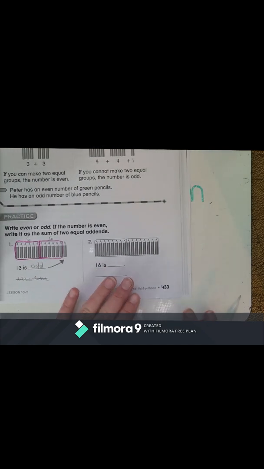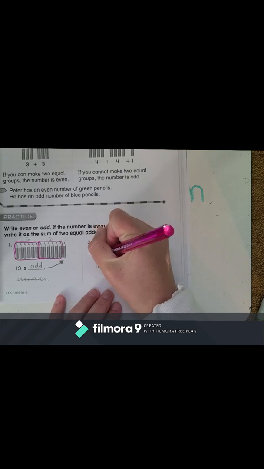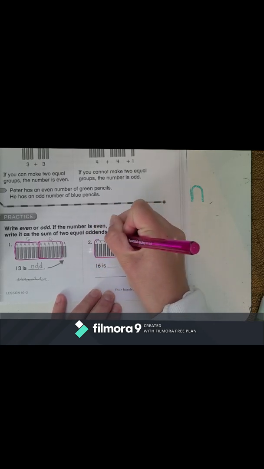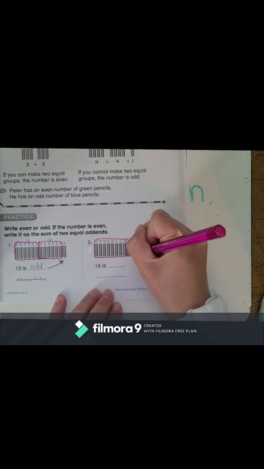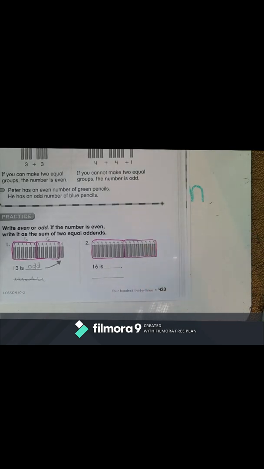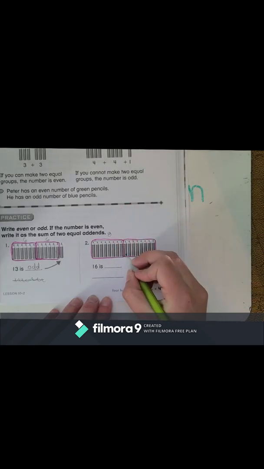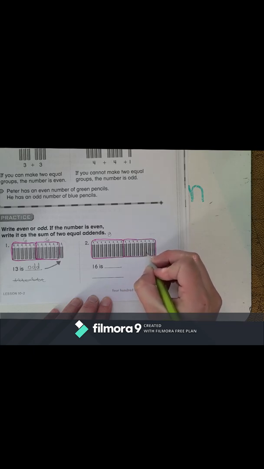Let's look over here. Hopefully this will make sense if we keep looking at examples. So we made some more groups, or they did it for us actually. So I'm just going to highlight what they did. I have 16 pencils over here, and I have split them into two equal groups. Let's see how many are in each group, just to make sure. 1, 2, 3, 4, 5, 6, 7, 8. 1, 2, 3, 4, 5, 6, 7, 8.